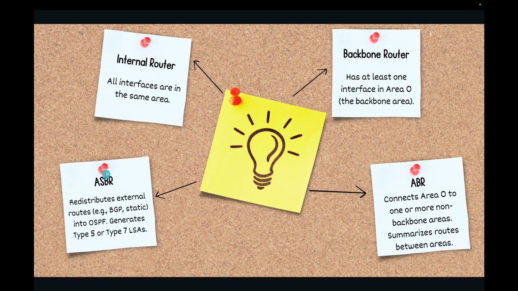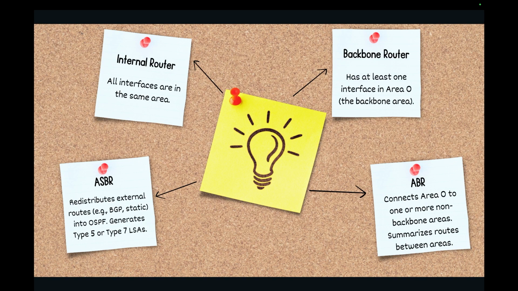Now the last one is the ASBR, which is the autonomous system border router. It is really similar to the area border router, but the difference between ASBR and ABR is the autonomous system. Let's say we take the same example that we have seen earlier.